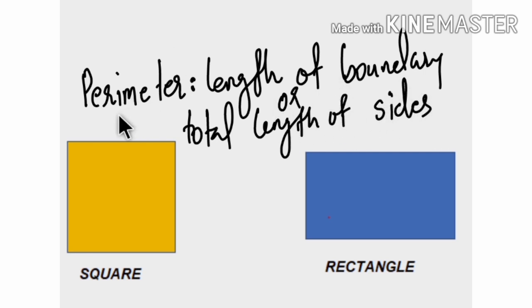This is the definition of perimeter. So total length of boundary means just add these four sides. Add length of these four sides to get perimeter of square. To get the perimeter of rectangle, firstly add two lengths and then add two breadth.